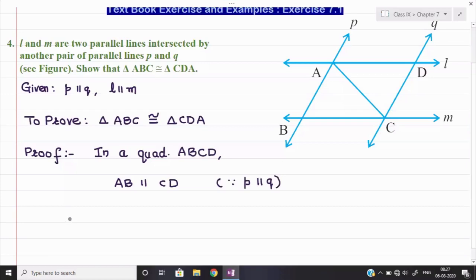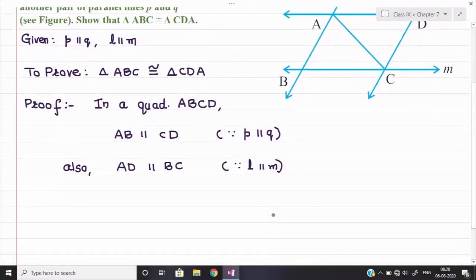Similarly, AD is parallel to side BC, because L is parallel to M and AD and BC are parts of those two lines.